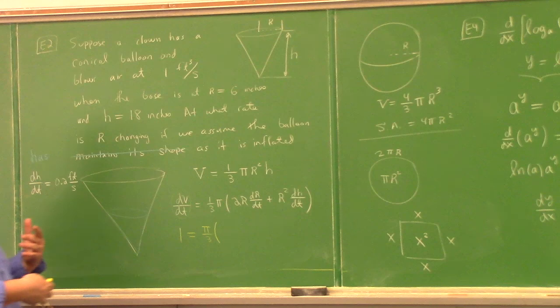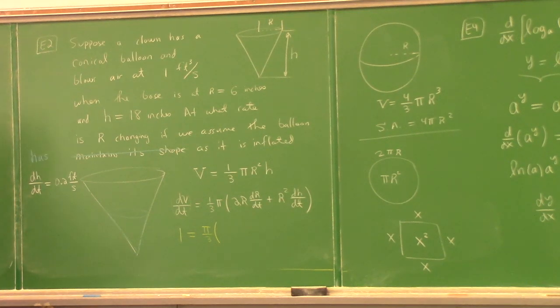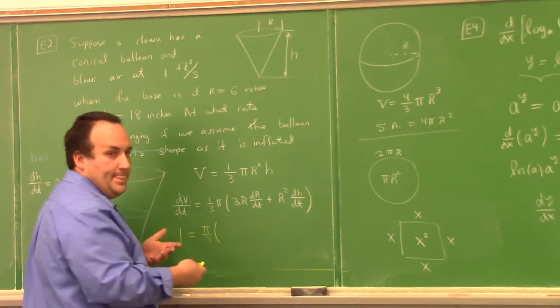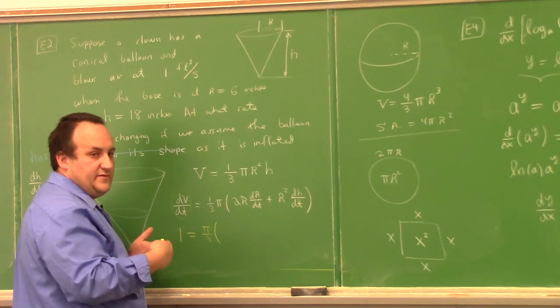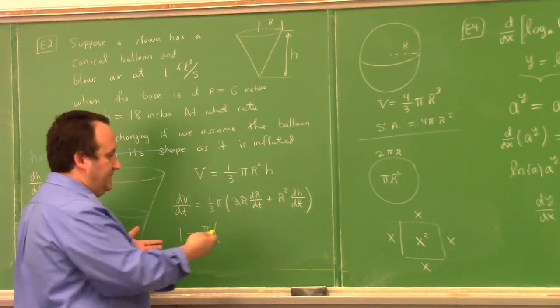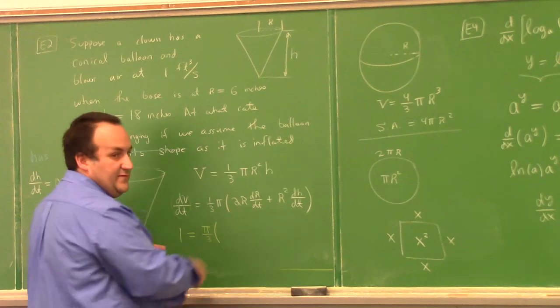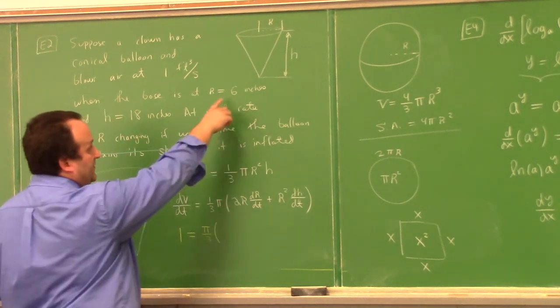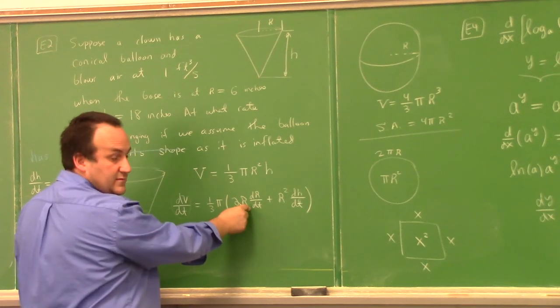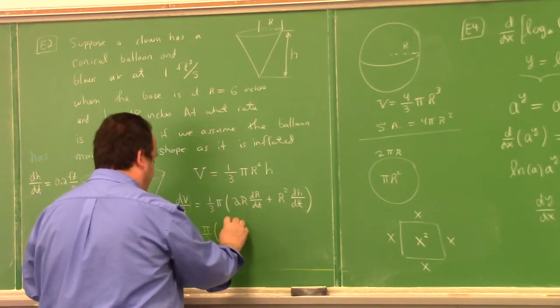If I'm going to use feet, I need to convert inches to feet. 6 inches, how many feet? Half a foot, right? 12 inches in a foot. So 6 inches is 0.5 feet. So 2 times 0.5 is just 1. The dr/dt, that's what I'm trying to figure out.